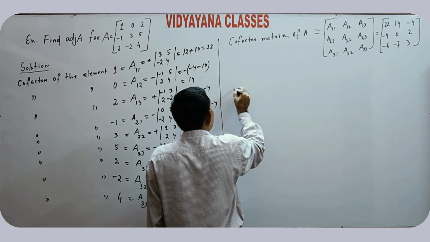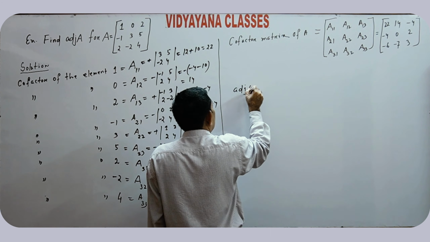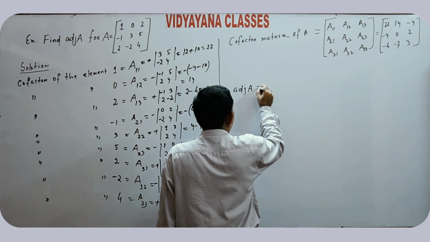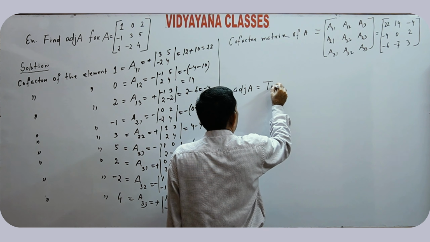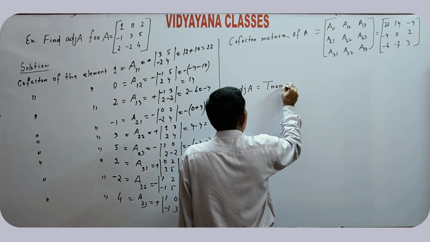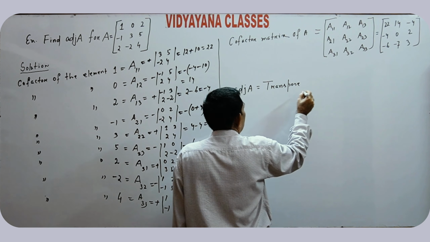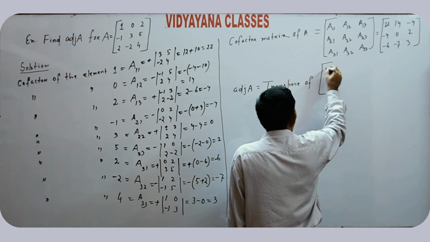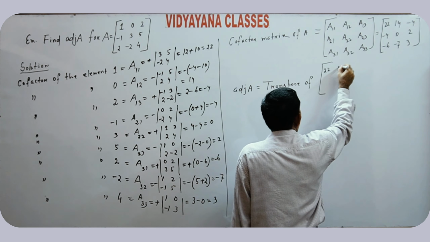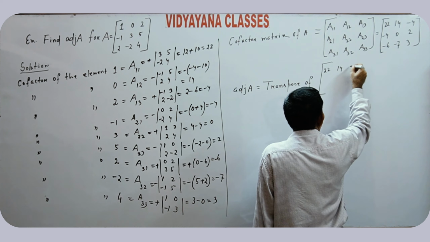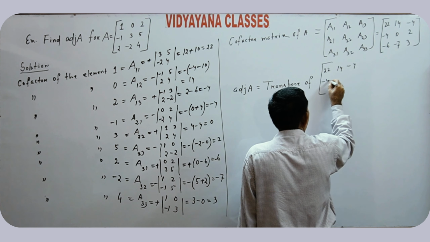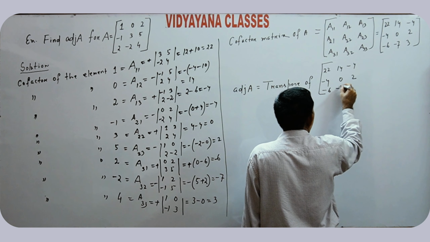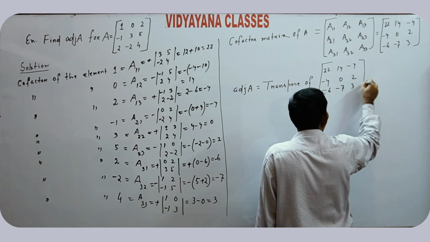Adjoint. Adjoint of the matrix, that is, the transpose of the matrix having elements 22, 14, minus 4, minus 4, 0, 2, minus 6, minus 7, and 3.